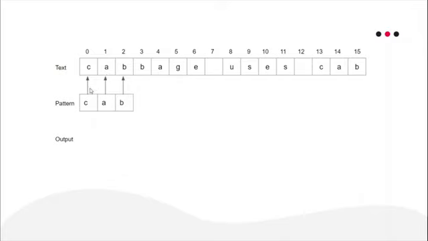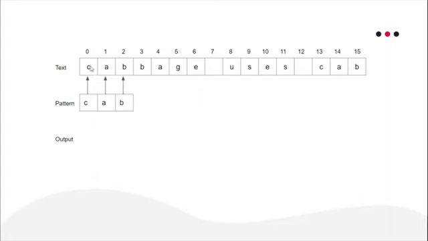So you compare the first character of the visible word to the first character of the pattern, the second character of the visible word to the second character of the pattern, and so on, up to the last character of the visible word and the last character of the pattern.